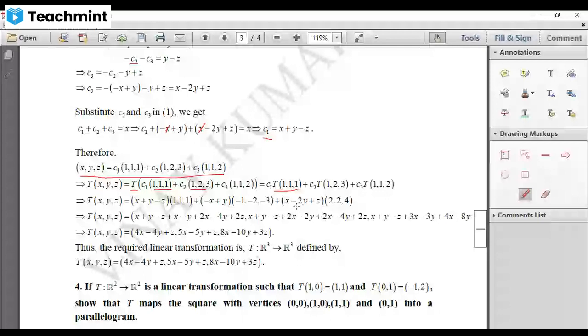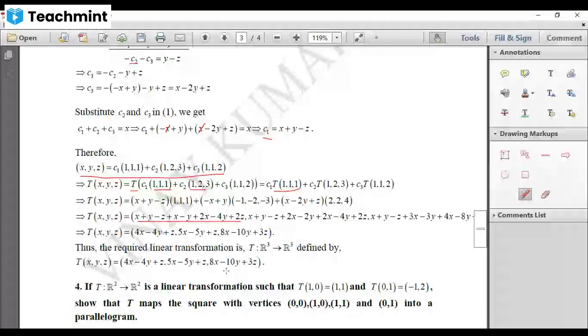Now, x plus y minus z into 1 is x plus y minus z, plus minus 1 into this, plus 2 into this, 2x minus 4y plus 2z. That is your x coordinate value.